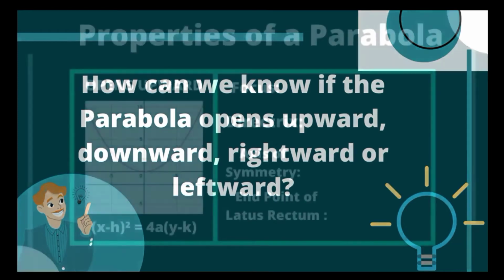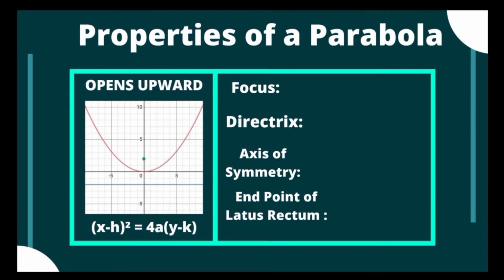The first property of the parabola is when the graph opens upward. This happens only when the x part is squared and the value of 4a is positive. And then next, we will go to the focus. The focus is above the vertex, so we add a units to the value of the y coordinate of the vertex to get its coordinates.